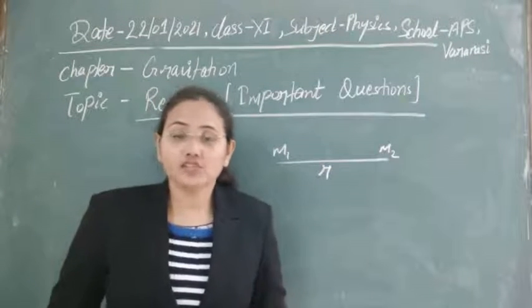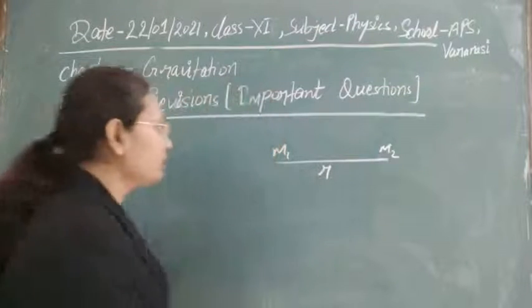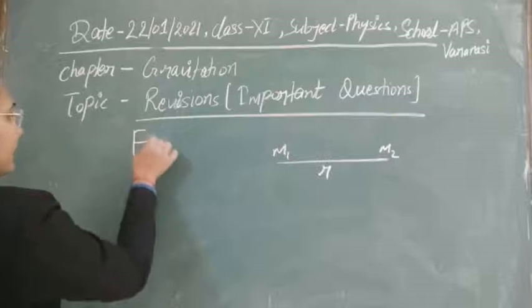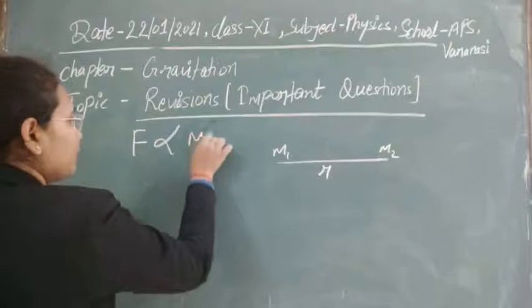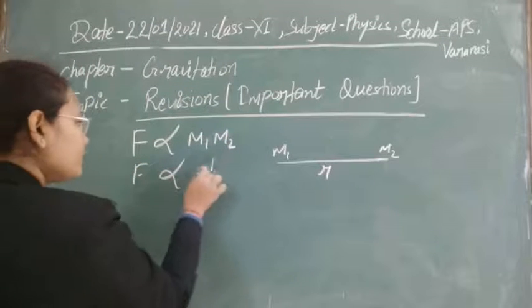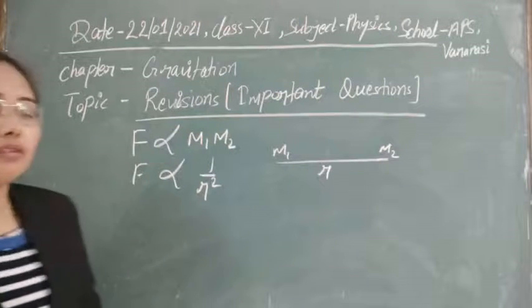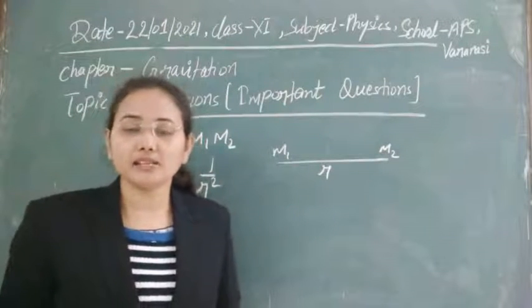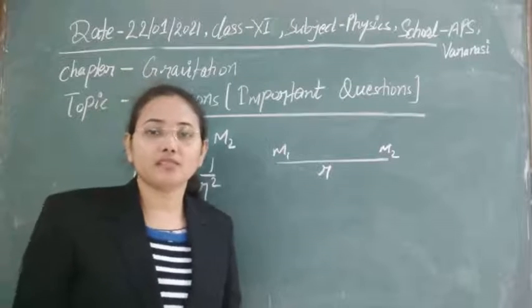And the magnitude of that gravitational force, Newton has seen, is directly proportional to the product of their masses, and inversely proportional to the square of the distance between them. Means the greater the distance between these two masses, the less will be the gravitational force, the less will be the attraction force between them.